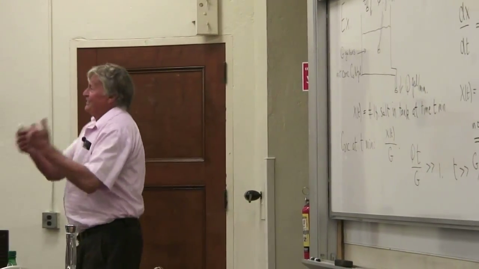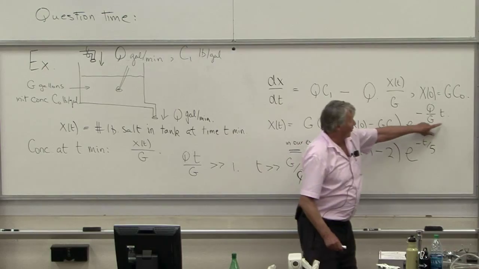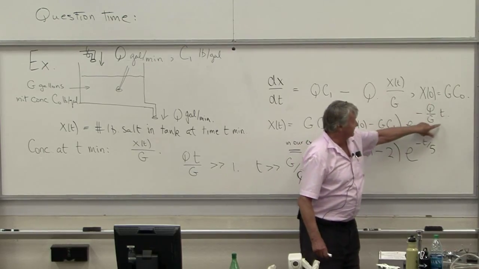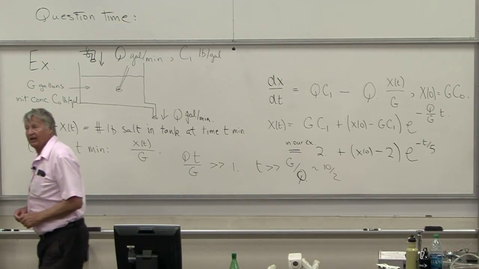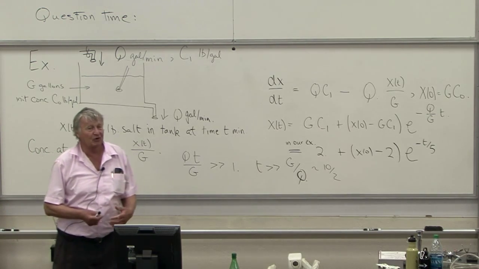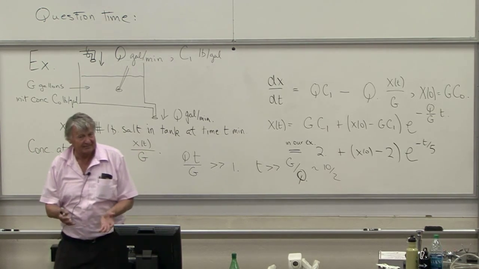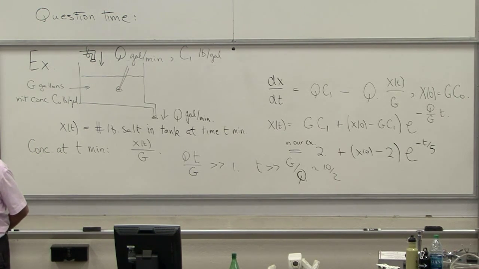Here, we actually did the calculation to see in what combination the time appears, and then we realize that the relevant time scale is indeed G over Q. Okay? But the whole point of using direction fields is you'll be working on equations you don't know the exact answer to. So you'll need some way of figuring out what the relevant time scales are.